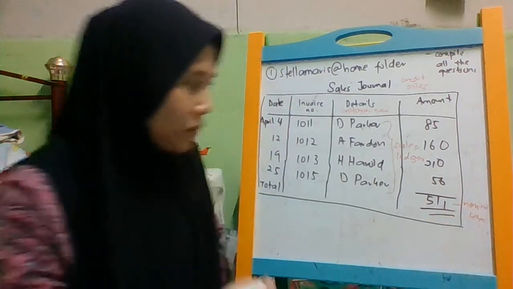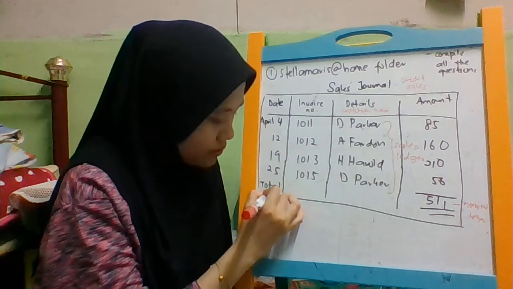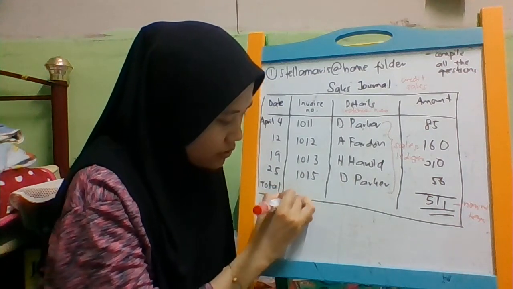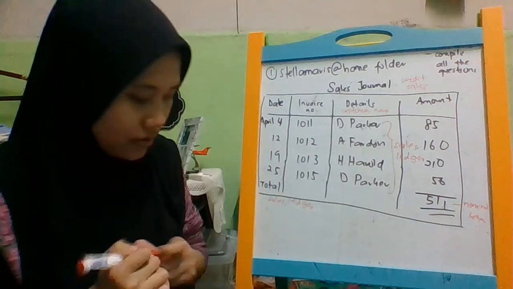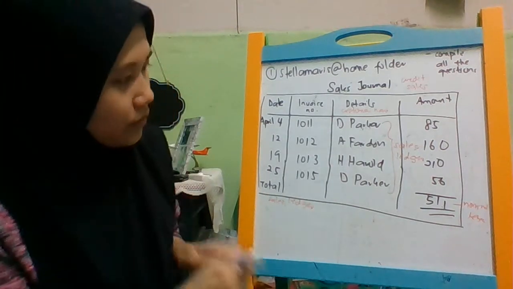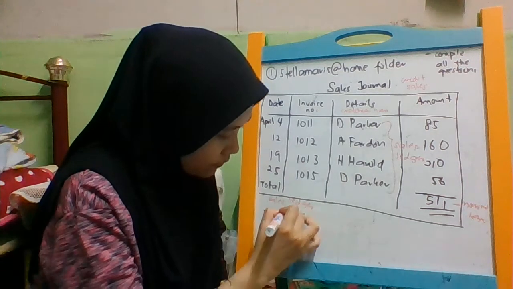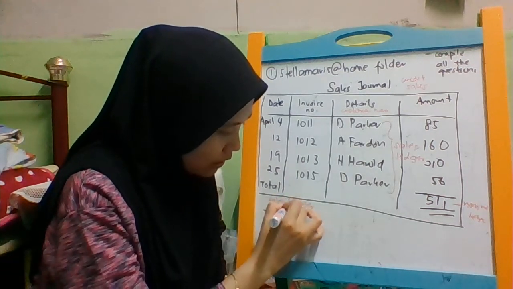Okay, so create one by one. To start with, the sales ledger first. In the sales ledger we have four accounts together. We open a T account for D Parker.